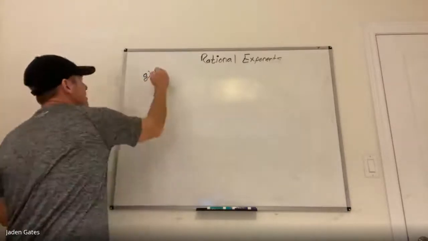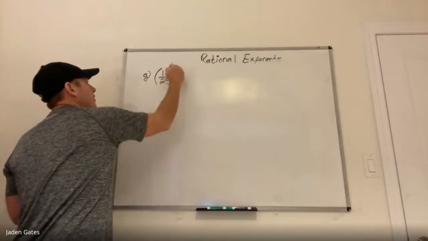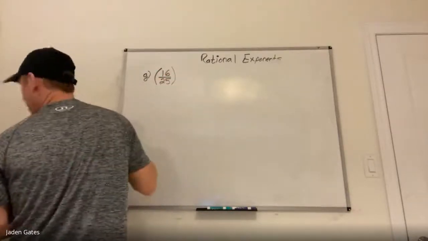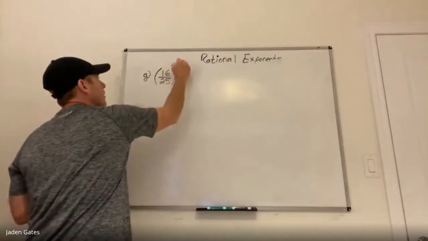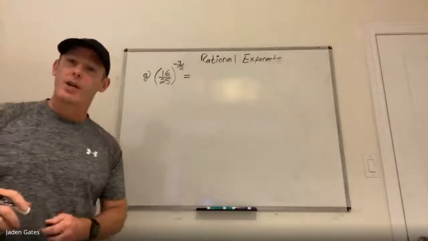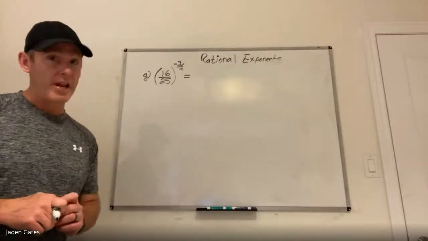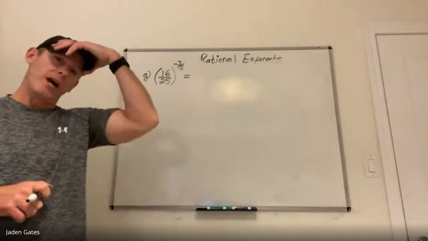So we've got 16 over 25 to the power of -3/2. There we go. So we've got everything going on here. We have a fraction for a base, a fraction for an exponent, and it happens to be negative. Just about everything we can have going on here.